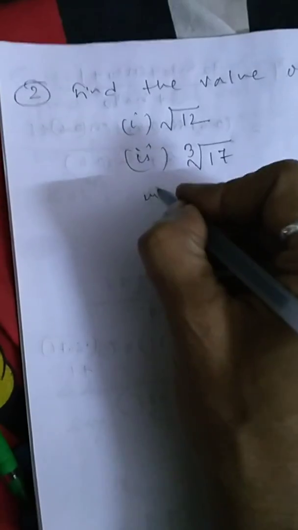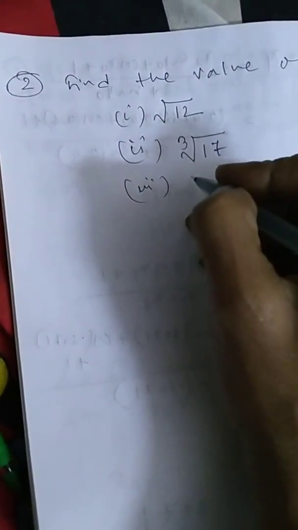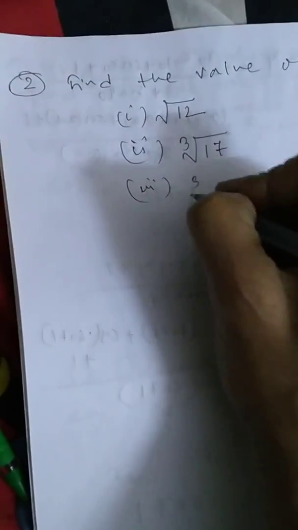Suppose find the value of square root of 12, or cube root of 17, or any kind of cube root of 19, like that.